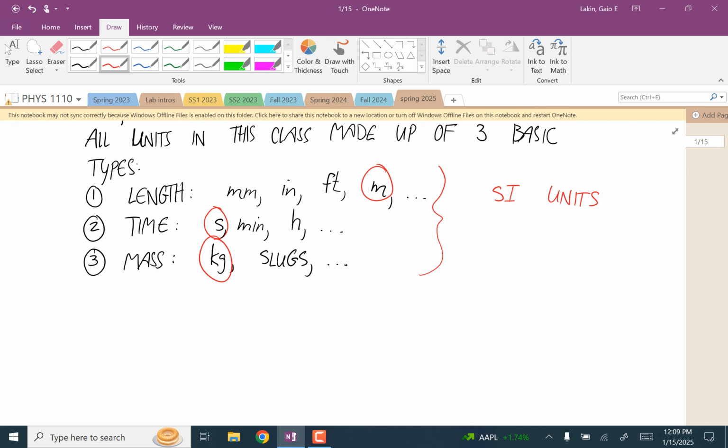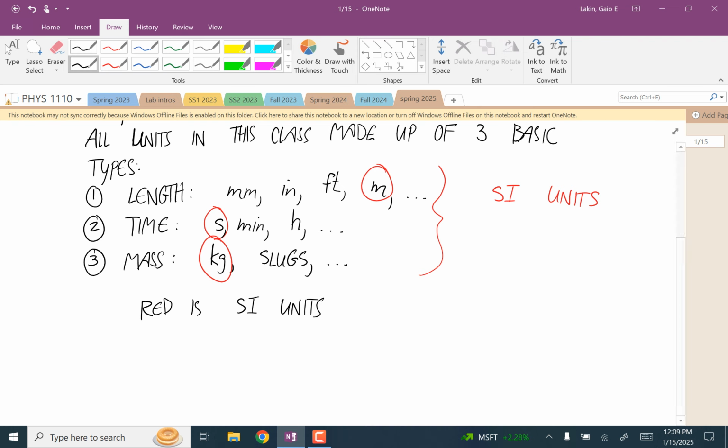But SI stands for some French thing that I'm not going to try to pronounce. So the red is the SI units. And that's what we're mostly going to convert everything to, SI units, to do calculations.